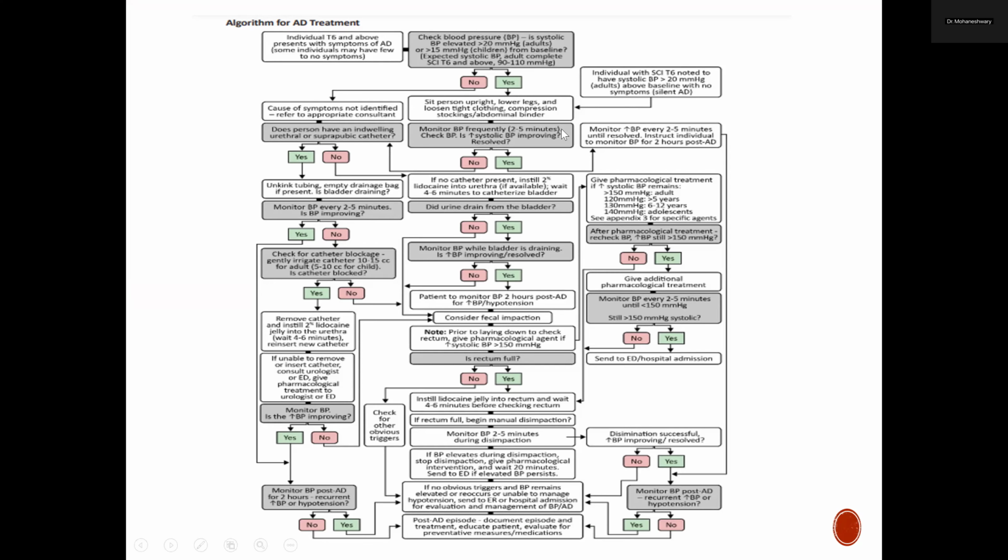So please loosen all their clothing. Then you see whether they've got an indwelling catheter or a suprapubic catheter, whether it's kinked or not kinked, and if it's kinked, you release the kink, and after that you check the blood pressure. So when they present to ED, you need to monitor blood pressure every 2 to 5 minutes.